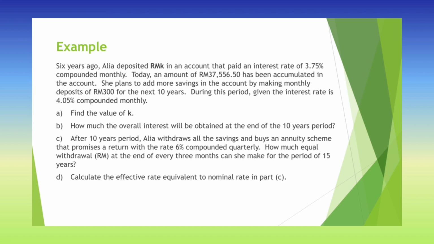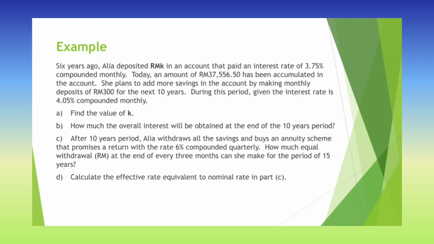She plans to add more savings in the account by making a monthly deposit of RM300 for the next 10 years. During this period, the interest rate is 4.05% compounded monthly. For question A, find the value of K. Question B, how much will the overall interest be at the end of the 10 years period.